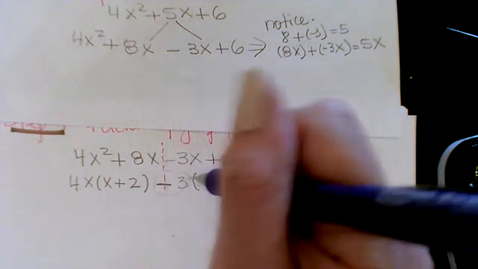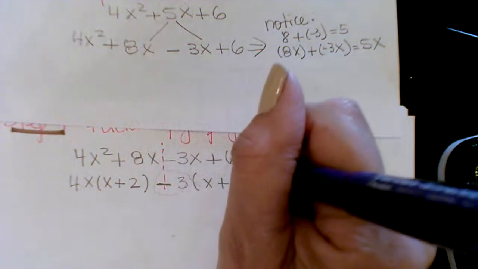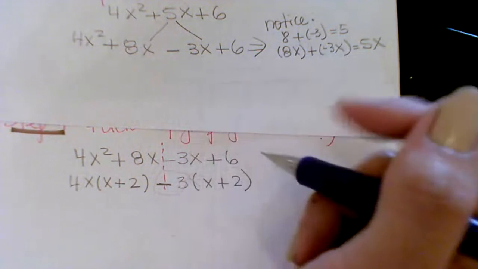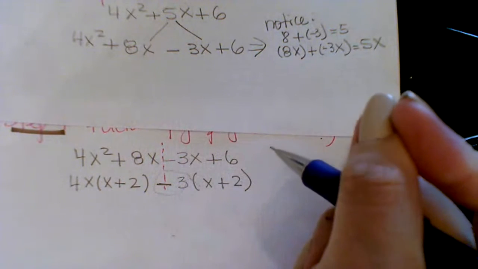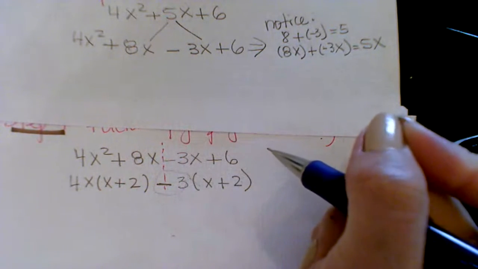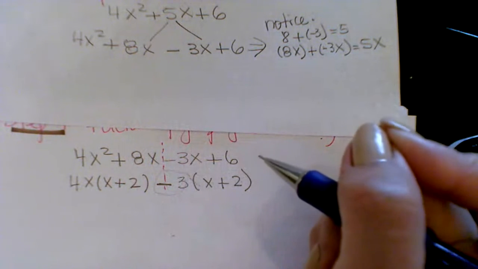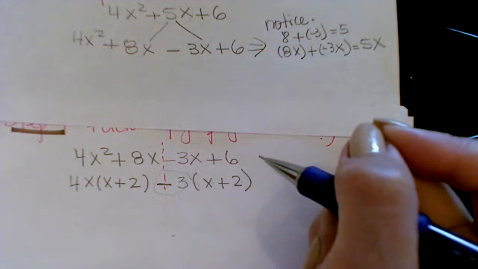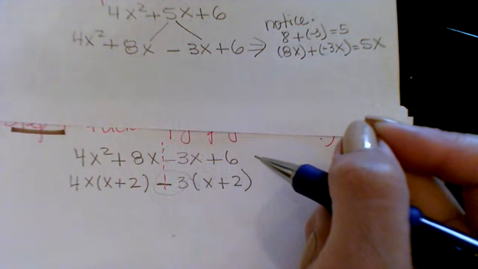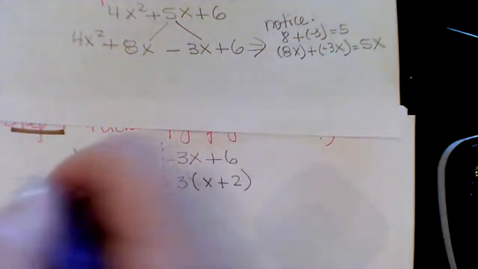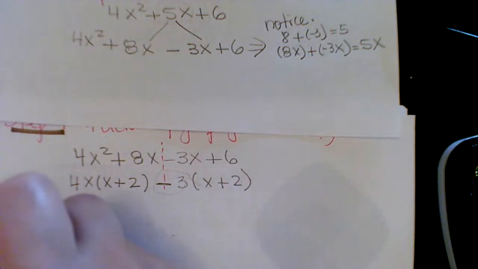If I multiply this one times this one, it has to give me the positive 6, and it's not going to give me positive 6. Okay, let's do this. Let me look into this. Let me write down that this needs to be revised.